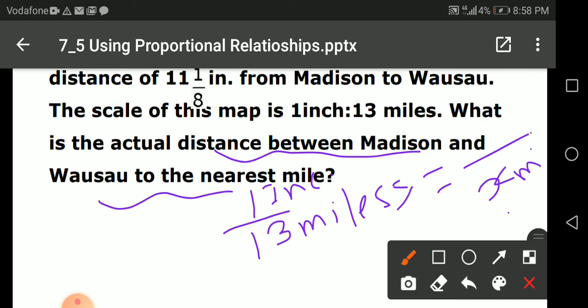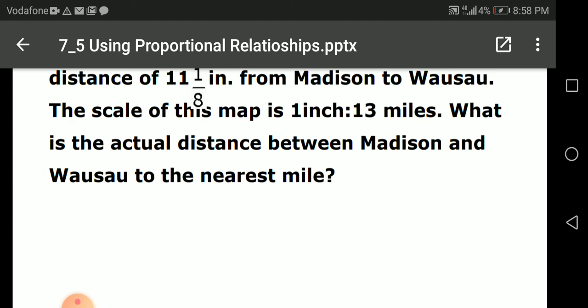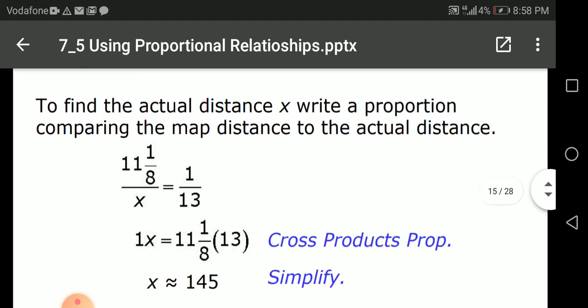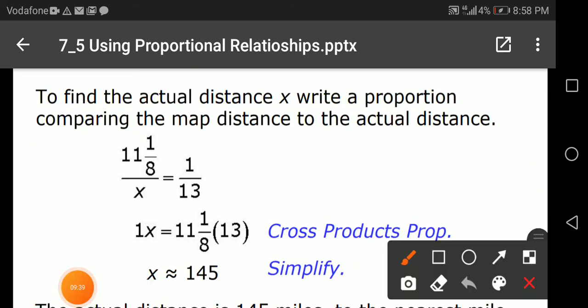This is required, and this is 11/8, because this is in inches, the scale is in inches. So what should I do to find this? Cross multiplication.